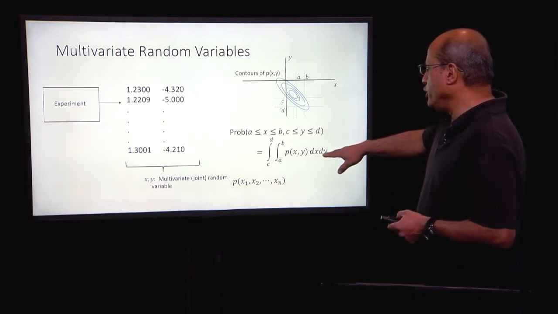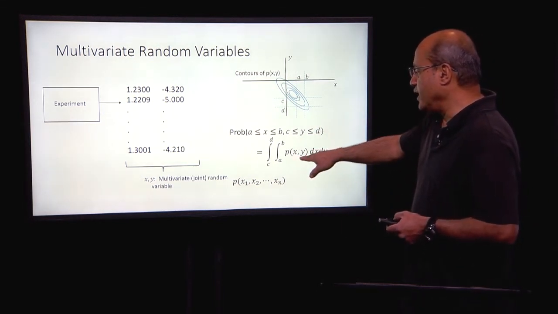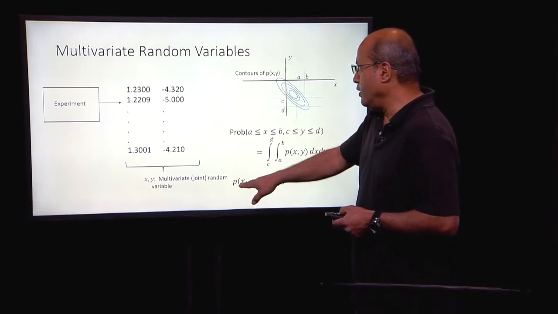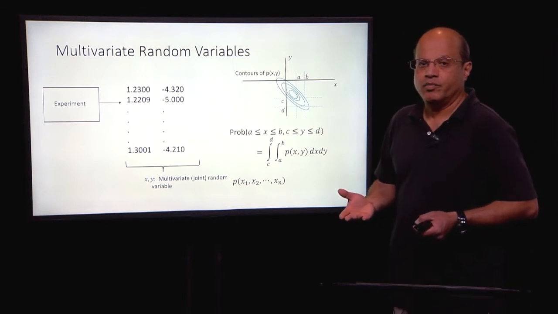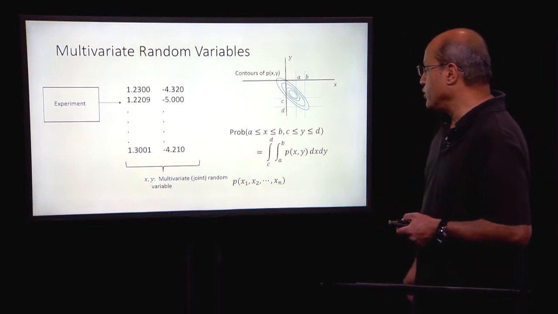And of course, we don't have to stop at just x and y. We can now define multivariate or joint random variables of any n set of measurements that we choose to make, from x1 to xn.